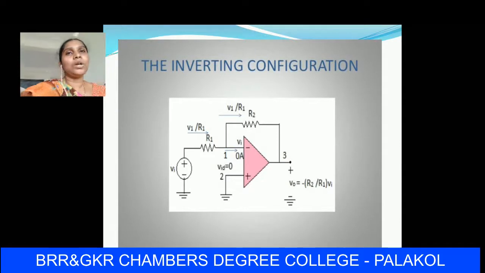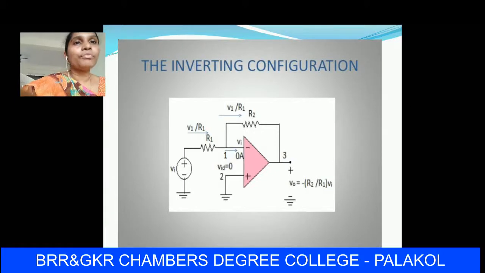Now this is the total inverting amplifier configuration. Here Vi is the input voltage we apply, and Vi divided by R1 is the current that flows through the resistor R1, and the same current flows from R1 to R2.